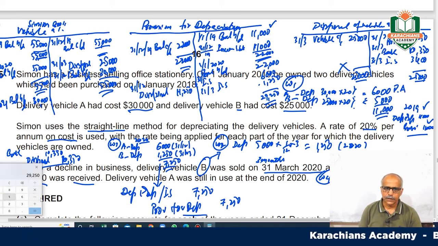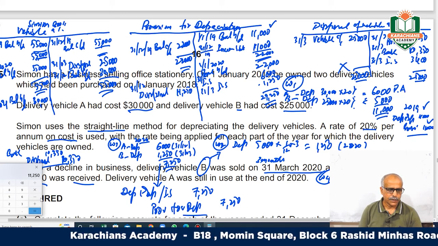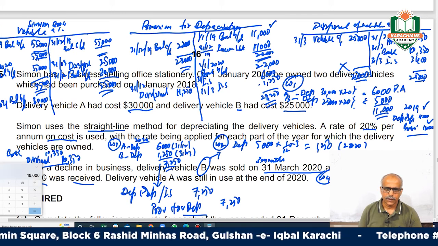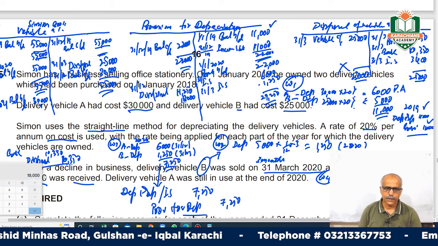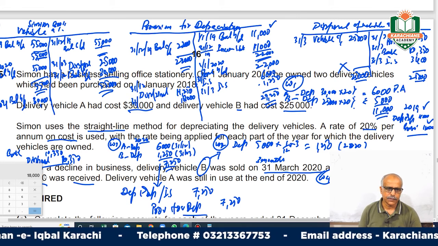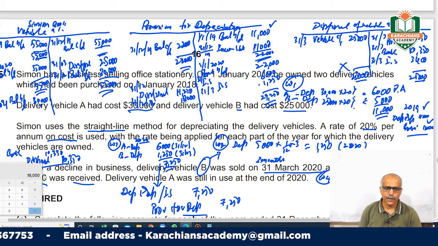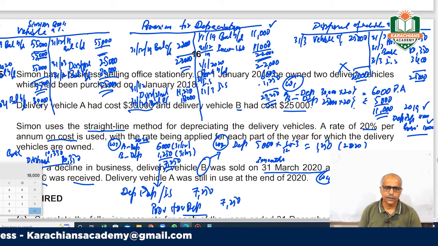Minus 11,250. So the balance in provision account is 18,000. This is the 31st December 2020 balance CD, 29,250.